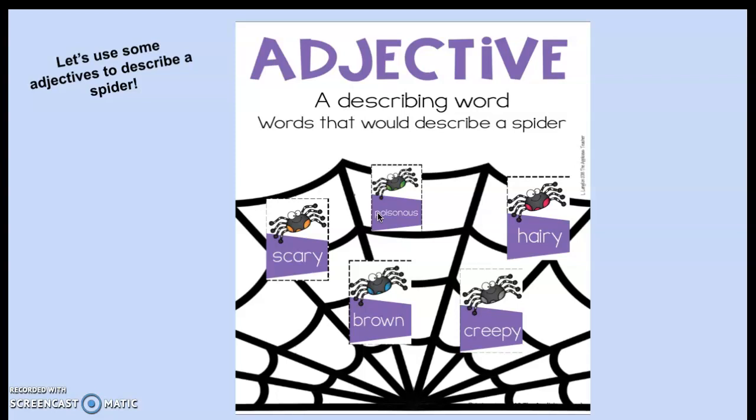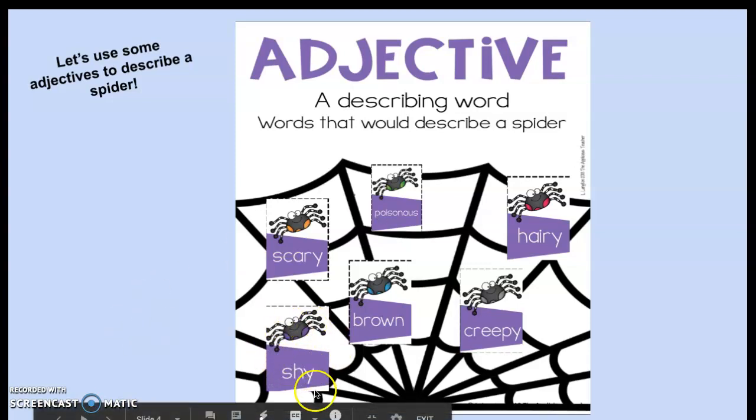What's another adjective that you can think of to describe a spider? Sometimes spiders are shy, right? They don't want to be around people. They're scared. A scared spider. Scared would be a good one to describe it. A shy spider. So these are all adjectives, words that describe a spider, words that describe a noun.